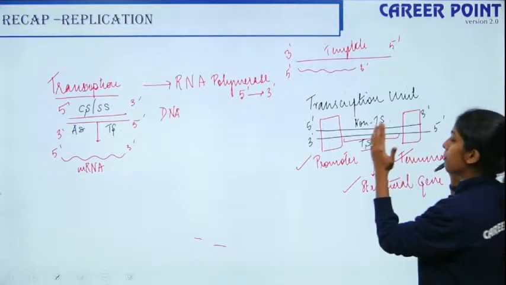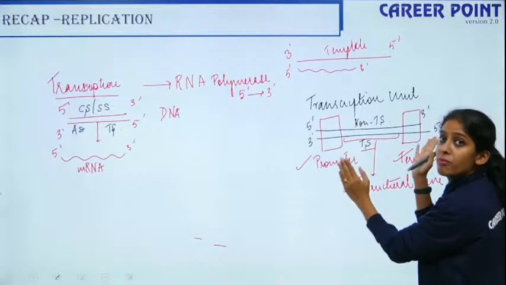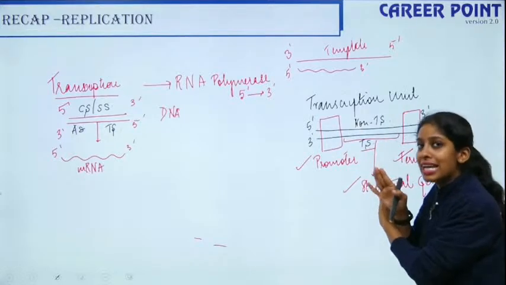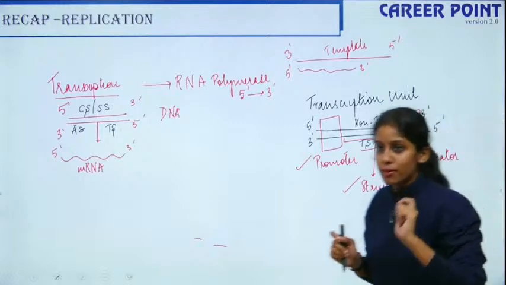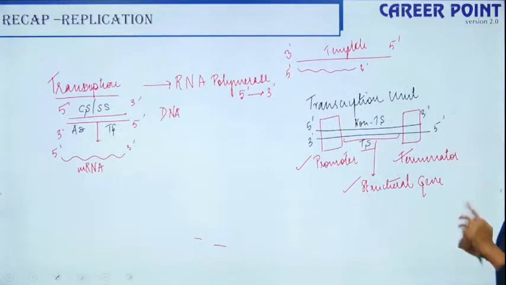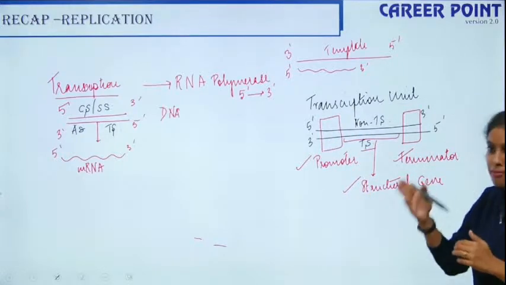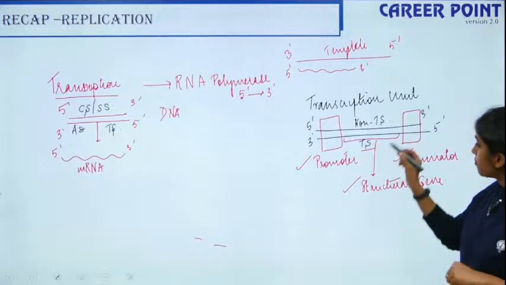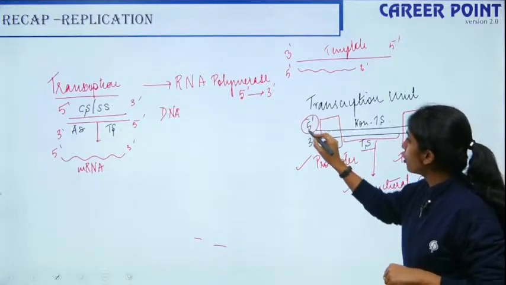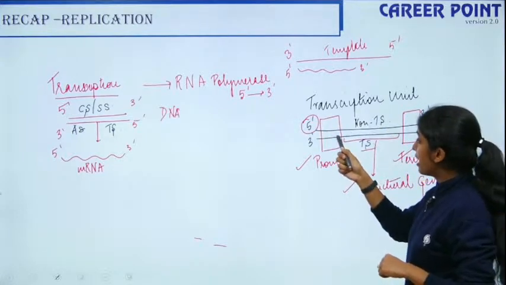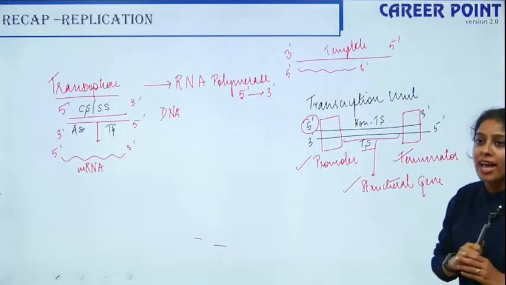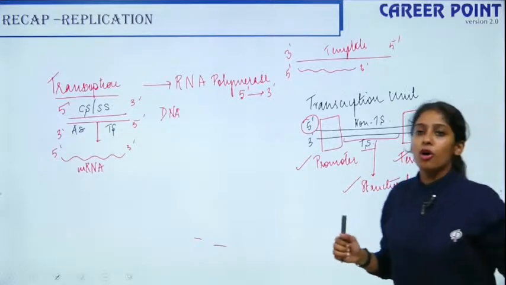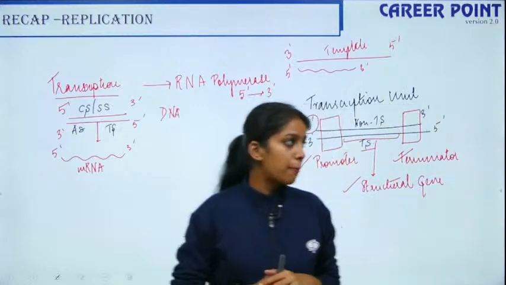If the positions of your promoter and terminator are reversed, then you are supposed to write it with respect to the template strand. If the promoter is near the 5' end of the template strand, then the process of transcription will not happen.